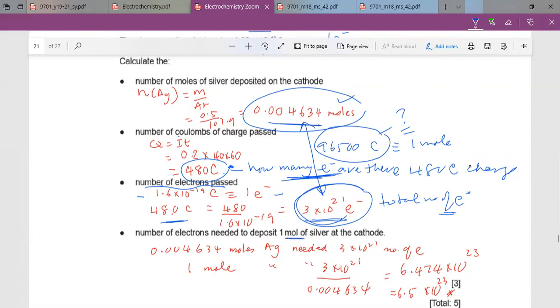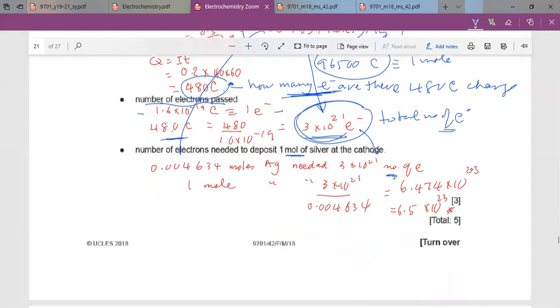I know that 0.00463 moles of silver need this number of electrons, number of electrons, not number of moles. So 1 mole of silver requires how many electrons? This number, 6.4 and so on.